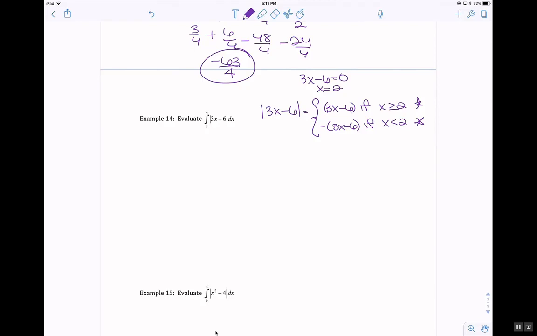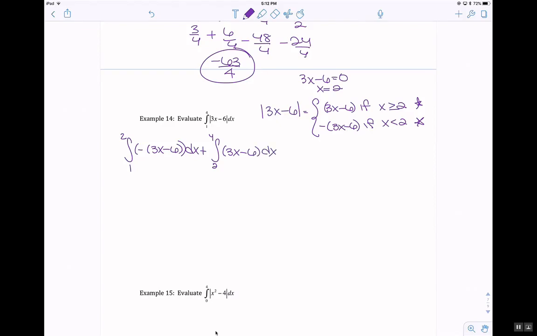I'm going to go from 1 to 2, and that is smaller than 2, of negative of 3x minus 6 dx, and add it to, when I go from 2 to 4, my positive 3x minus 6 dx.